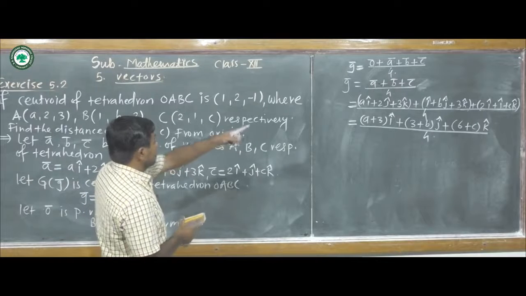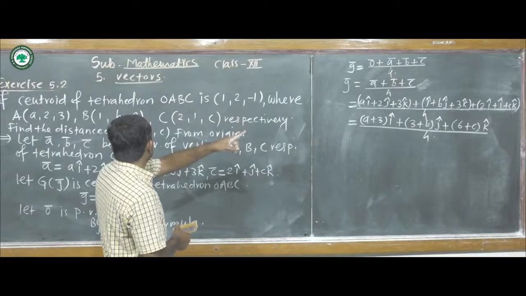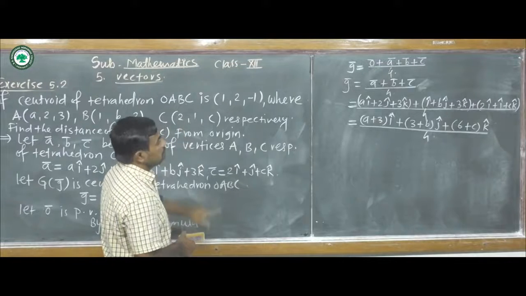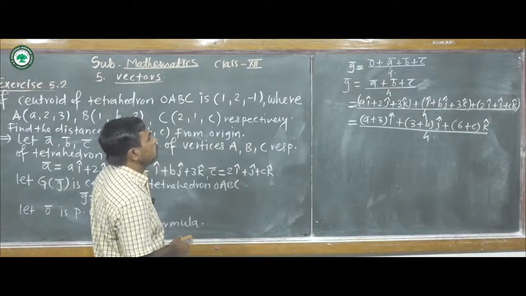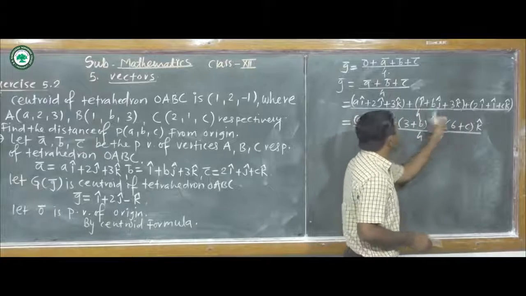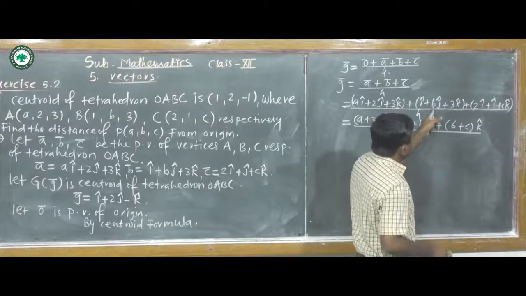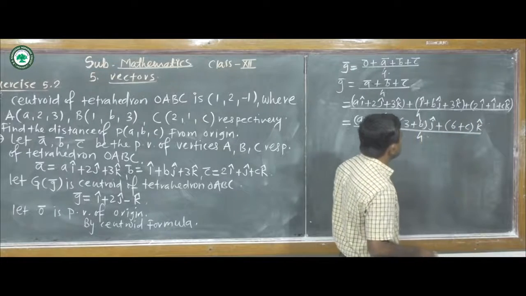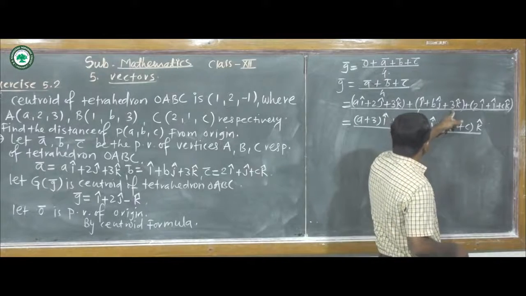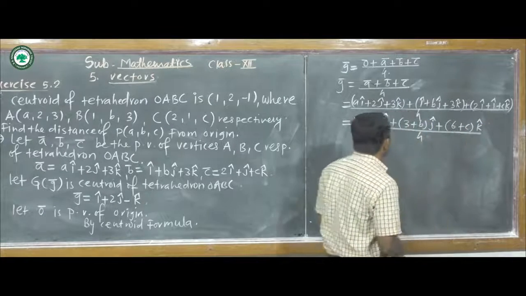So A bar, that is the first vector, A i cap plus 2j cap plus 3k cap. B bar, the second vector, i cap plus B into j cap plus 3k cap. And C bar is equal to 2i cap plus j cap plus C into k cap. So first, A plus 1 plus 2, that is A plus 3 into i cap, 2 plus B plus 1, that is B plus 3 into j cap, plus 3 plus 3, that is 6 plus C, so C plus 6 into k cap, divided by 4.